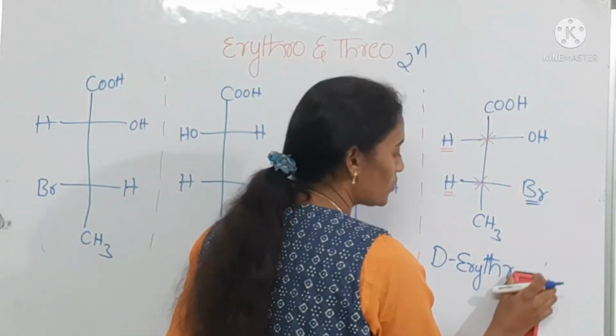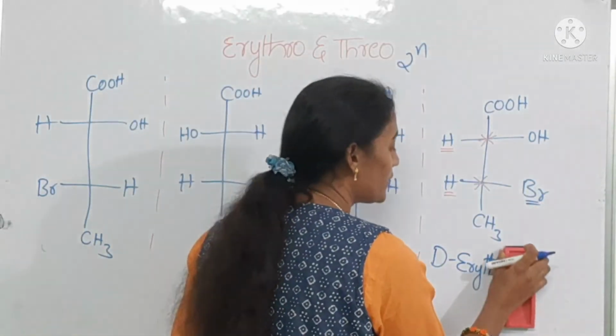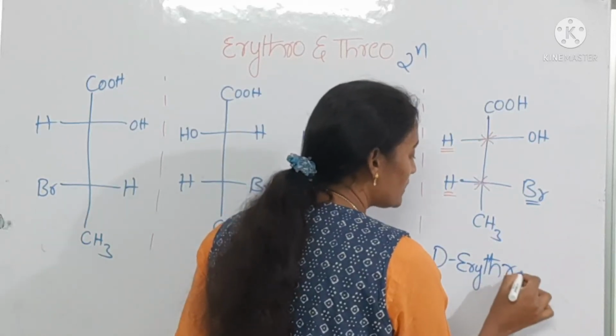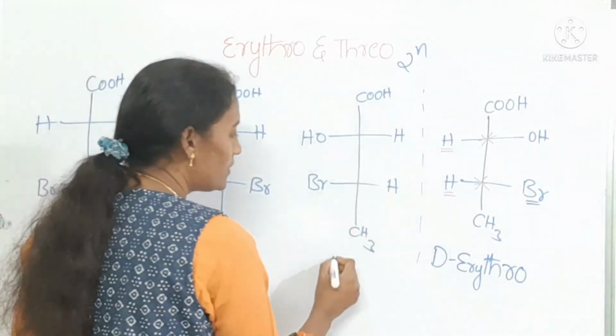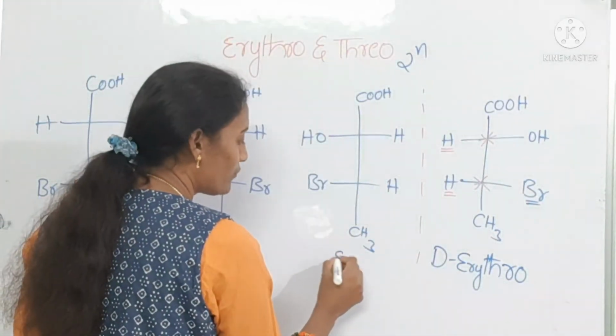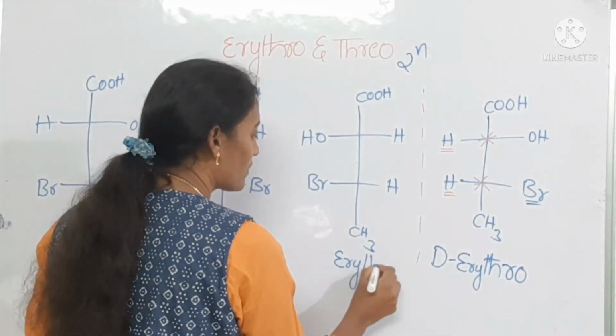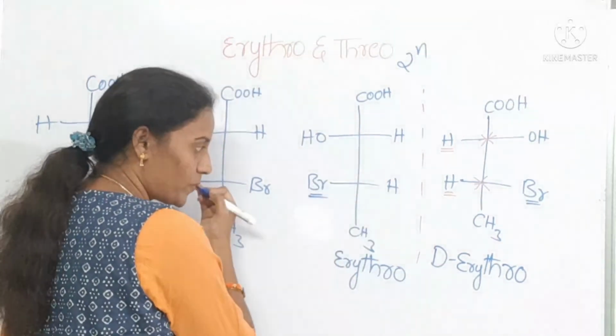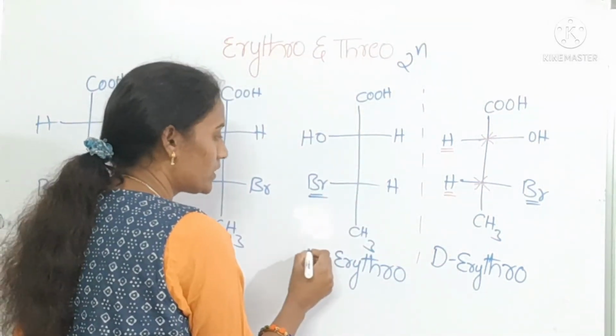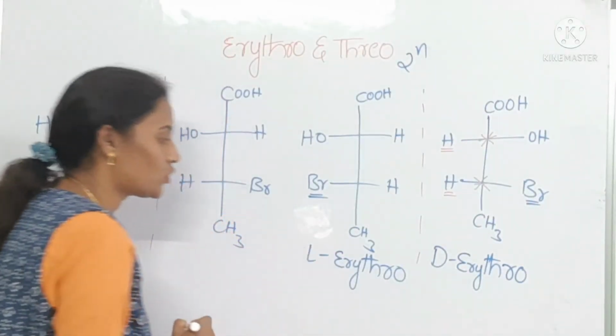It's not an aldose, so you need not write erythrose. Just write erythro only. Is that clear? Coming to here, this one is also erythro form. Which erythro? The functional group is on the left side, so this is L-erythro.